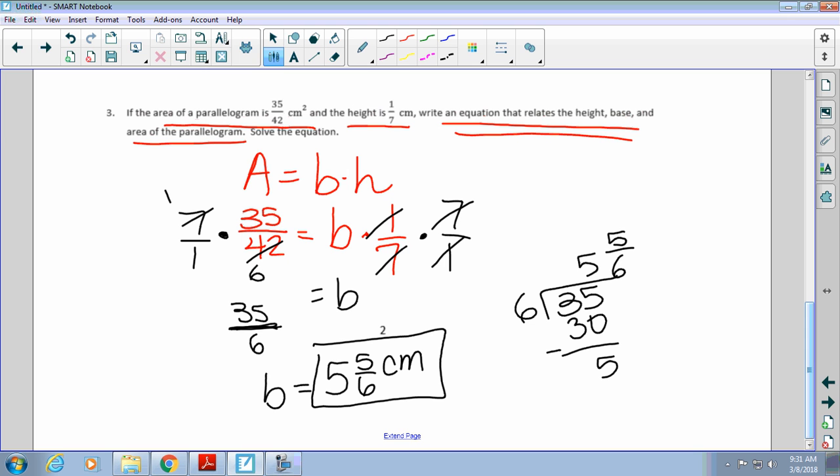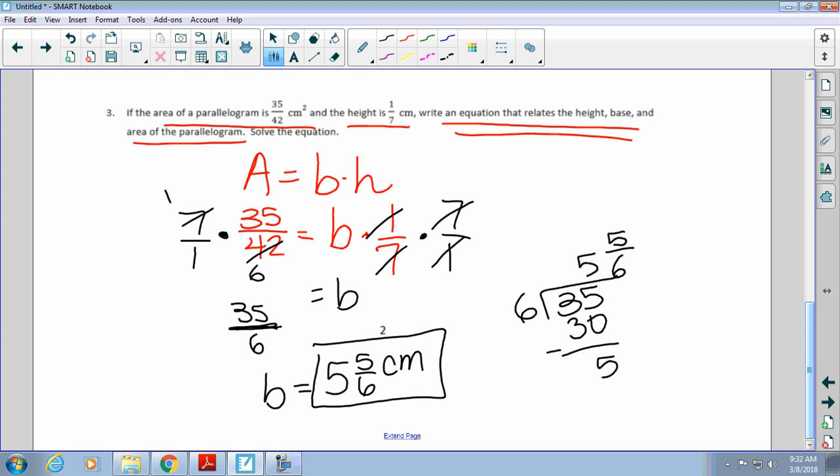I guess I'll call on you, Willow. 5 and 5/6 times 6 equals 30. And see if times 6 to see if you get 35. Oh, okay, well, what if we plugged it in here, though? If we plugged in 5 and 5/6 as our base, multiplied it by 1/7, what should we get as an answer? 42. 35 over 42. All right?